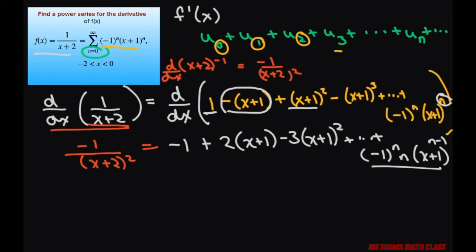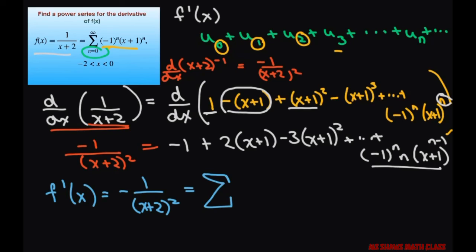All right, so we found our derivative, and the way we're going to write it is f prime of x equals negative 1 divided by x plus 2 squared equals, and your summation is going to change. Before it was from n equals 0, we lost this term, and now we're starting with u sub 1.